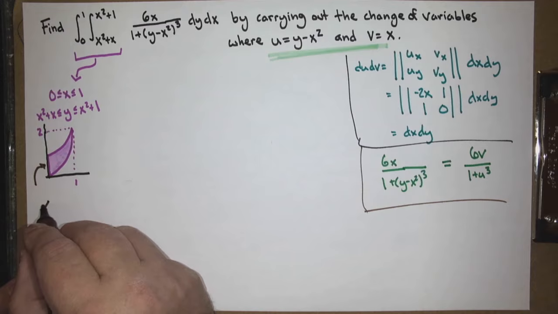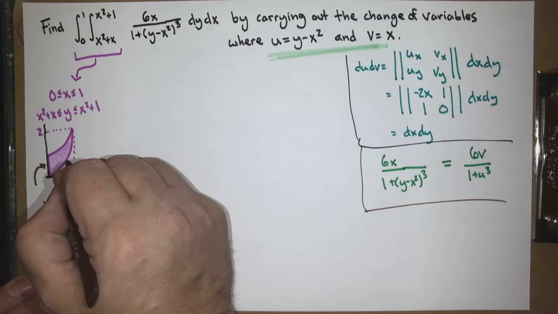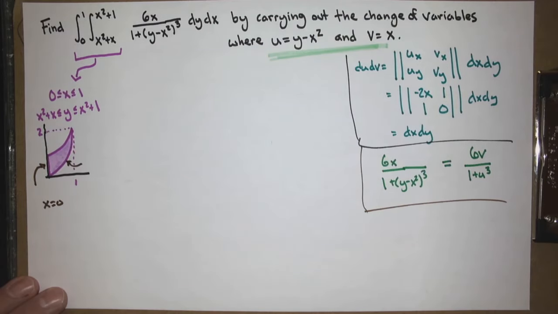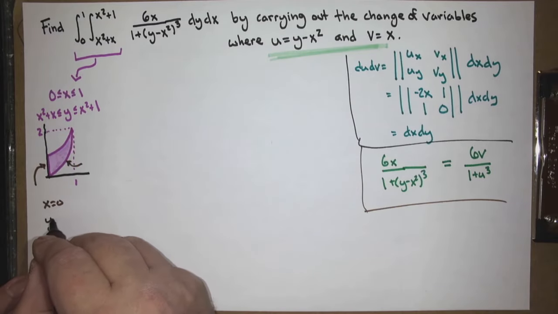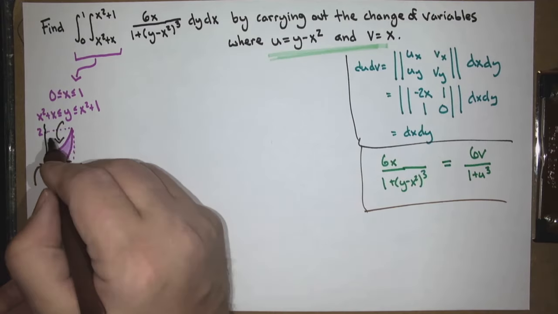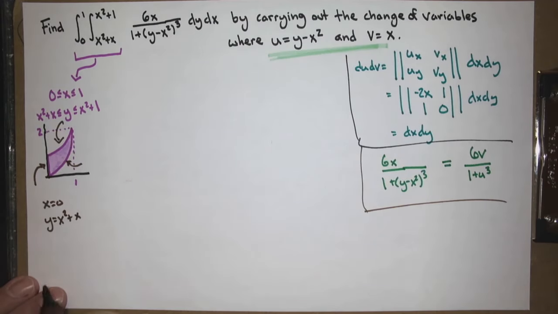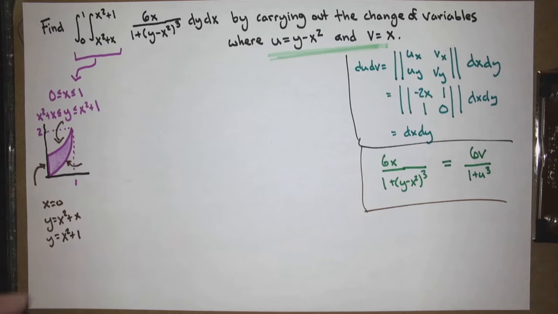X equals 0. How about this one, say we'll call it below? It's y equals x squared plus x. And the one on the top, what is that one? Y equals x squared plus 1. So these are your bounding curves in the xy plane.